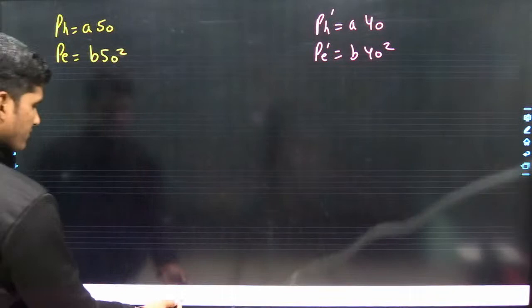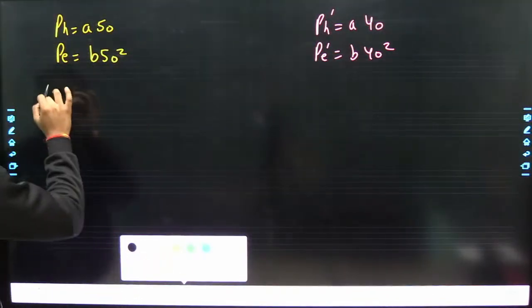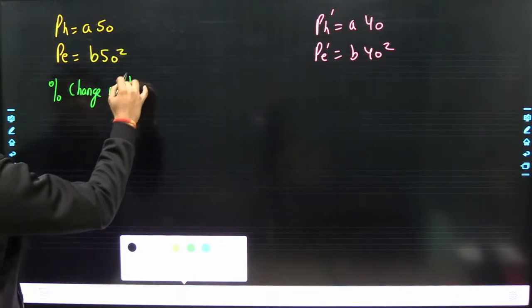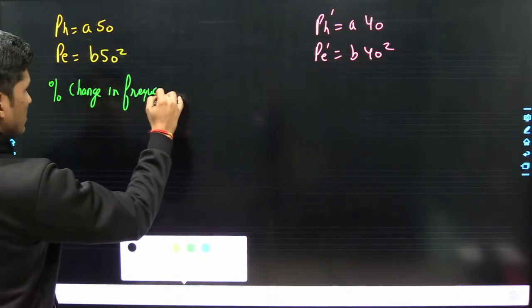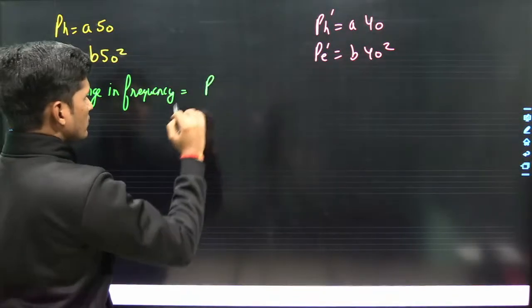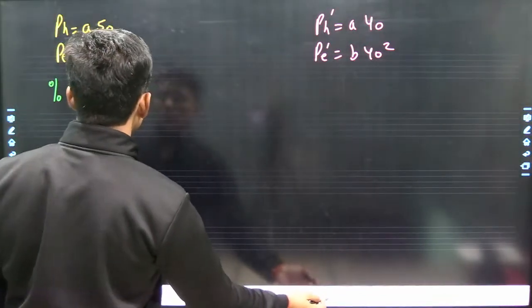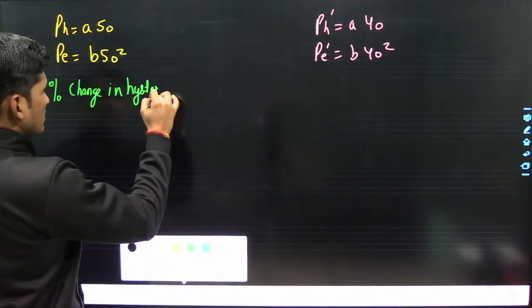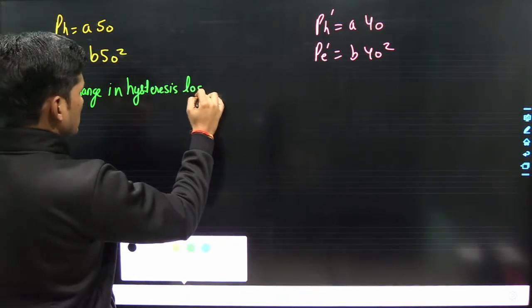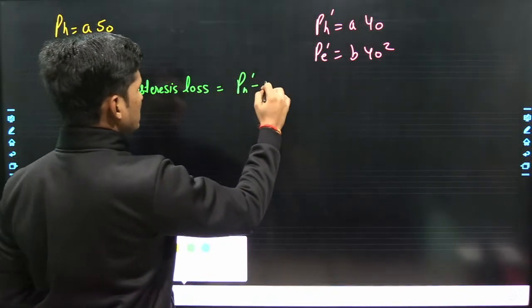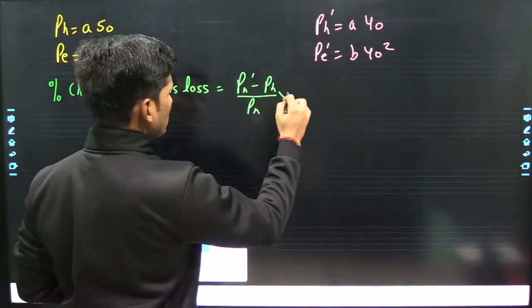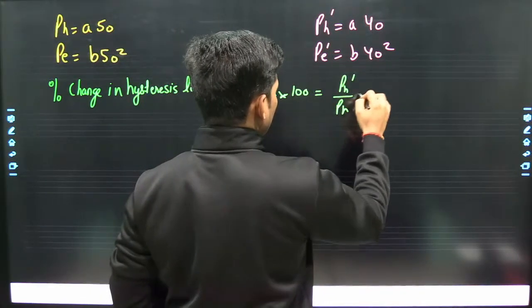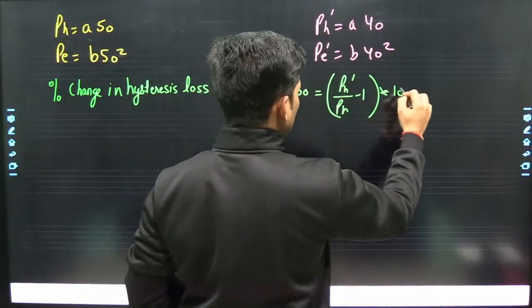Now the percentage change in hysteresis loss is PH dash minus PH upon PH into 100, or we can say PH dash upon PH minus 1 into 100.